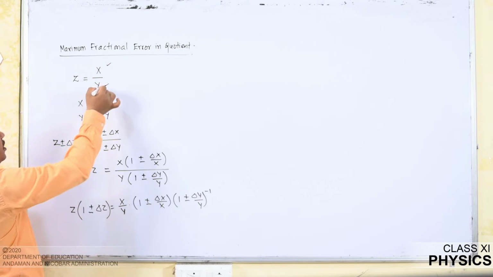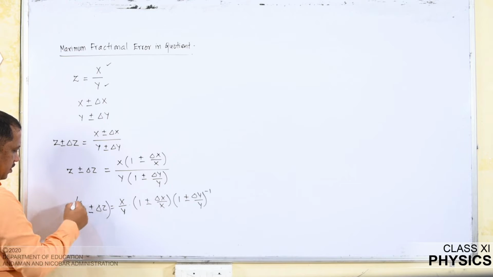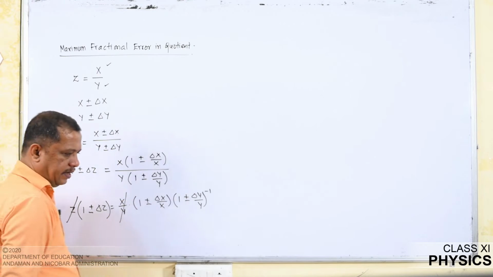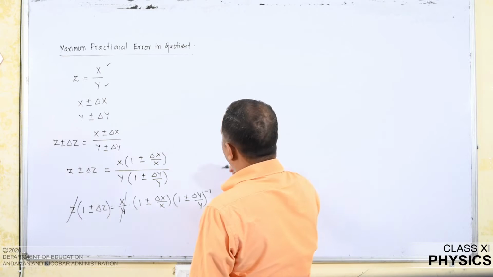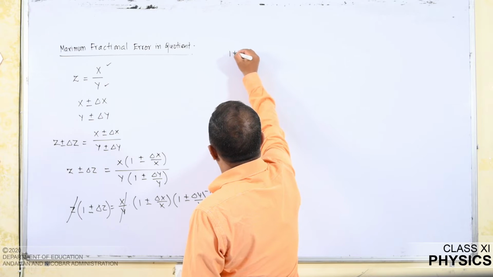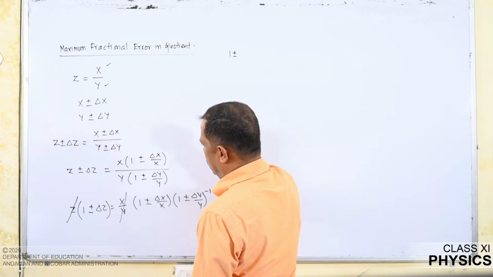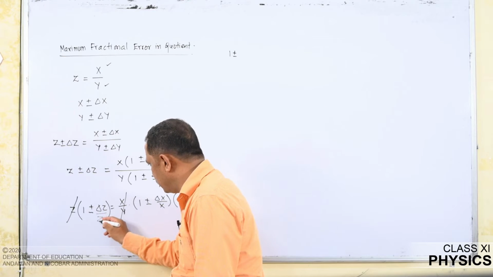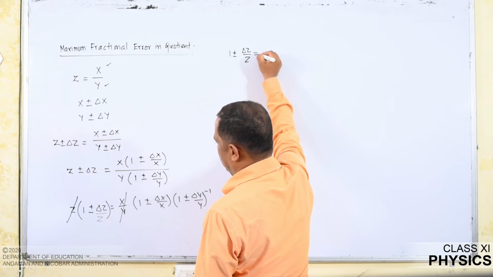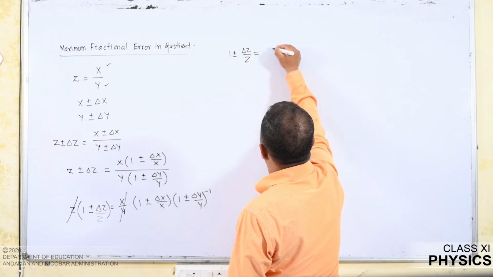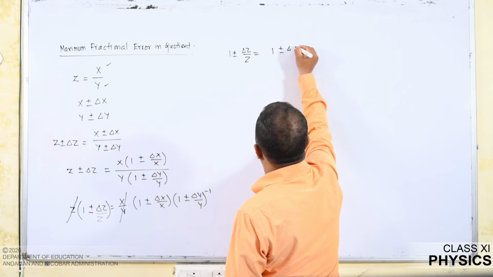From the true measure, I know that z is equal to x over y. So, z of x over y is cancelled out, and as such, I am left with 1 plus or minus delta z over z.